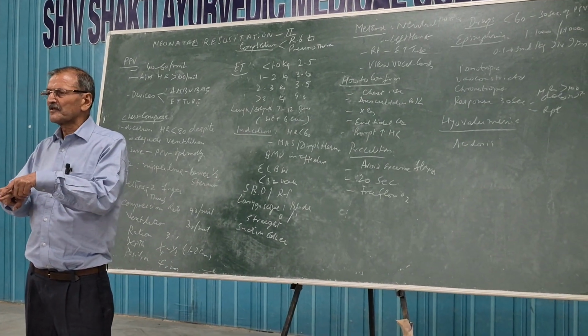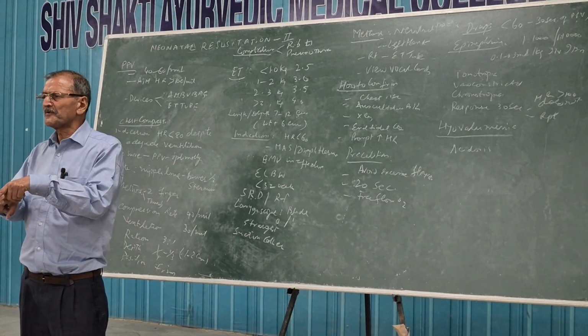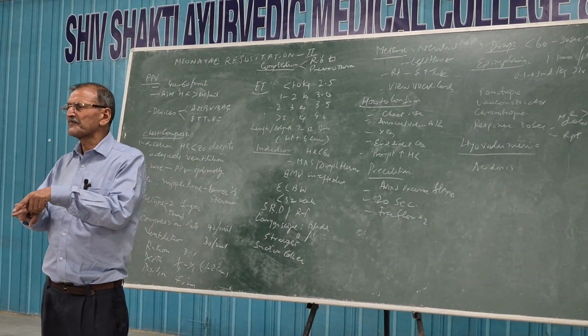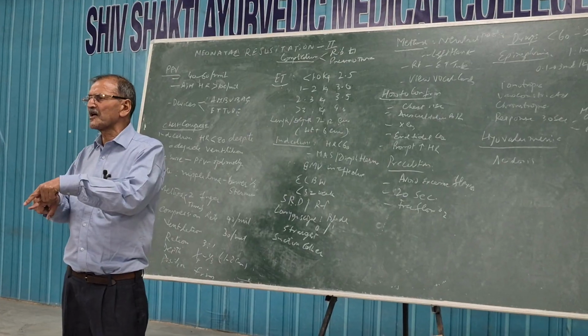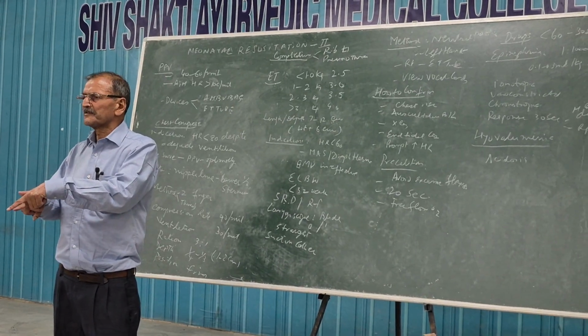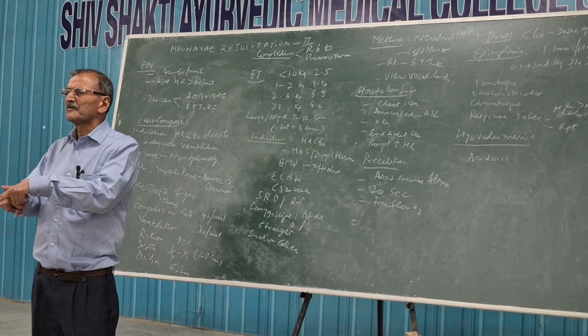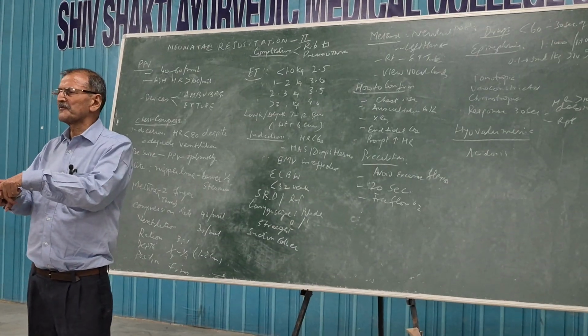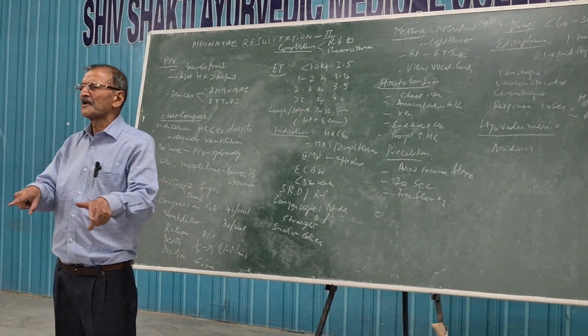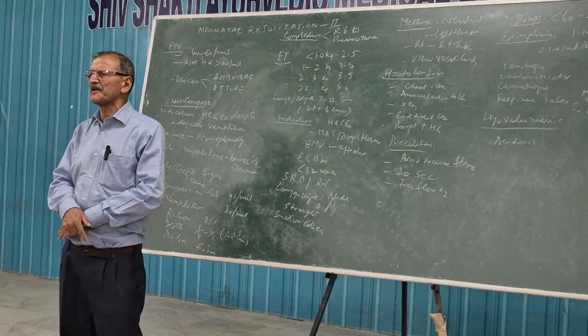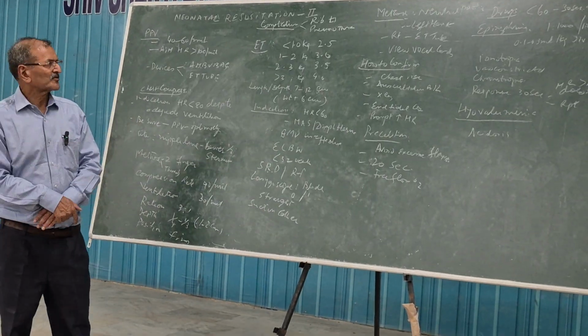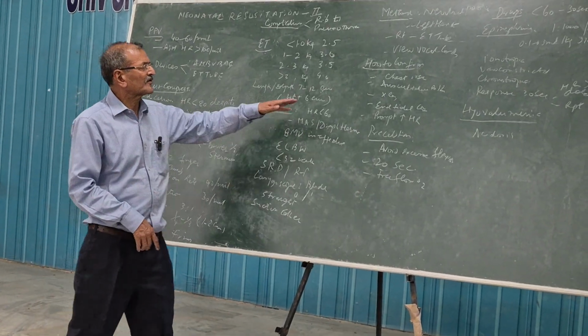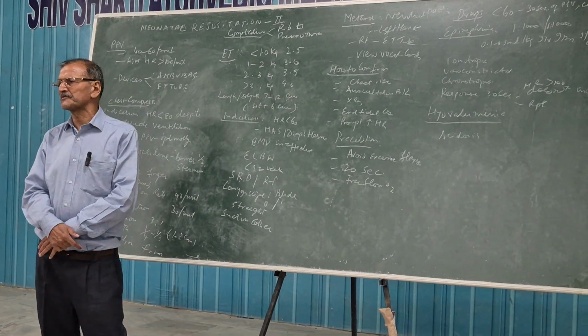If you go more deep and you introduce the ET tube, let us say, to the right bronchus, then whole of the resuscitation air will be going to the right bronchus and the left side lung will remain unexpanded. So this is very important, you confirm the correct position.